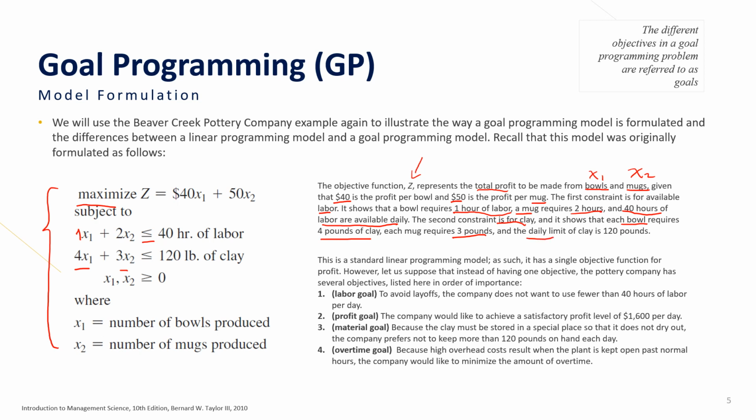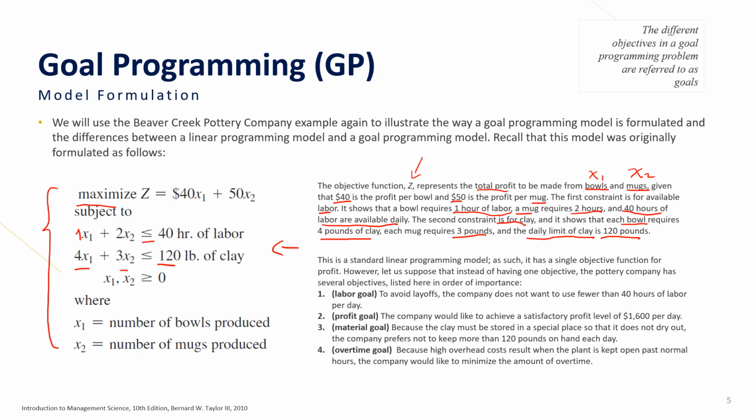The daily limit for the clay is 120 pounds, so it should be less than or equal to 120. This is the standard linear programming form, as you can see here on the left, and it has a single objective for the profit.